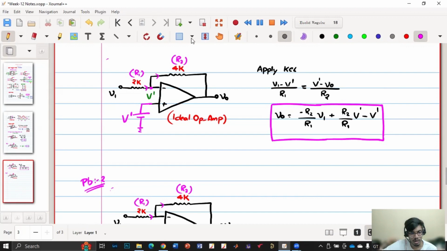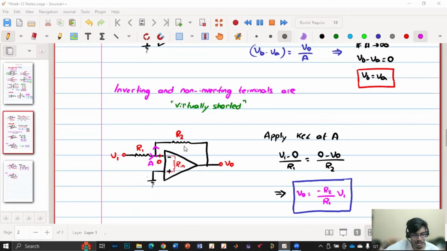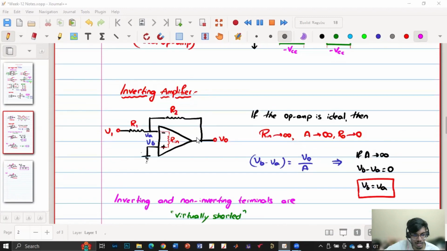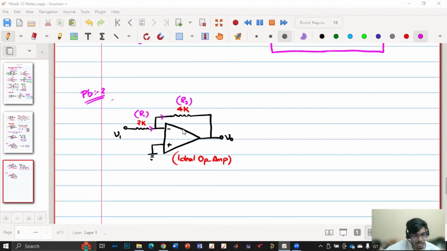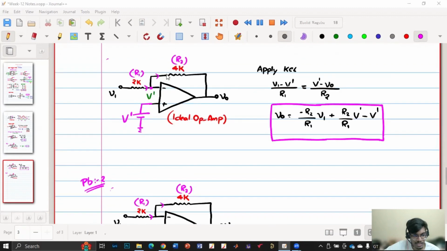So you have also asked what happens if the inverting terminal is grounded. Basically, we are considering this virtual short when there is negative feedback, which means there is a resistor connected in between R2 as well as this minus. So that's why we connect a resistor here and another resistor here.